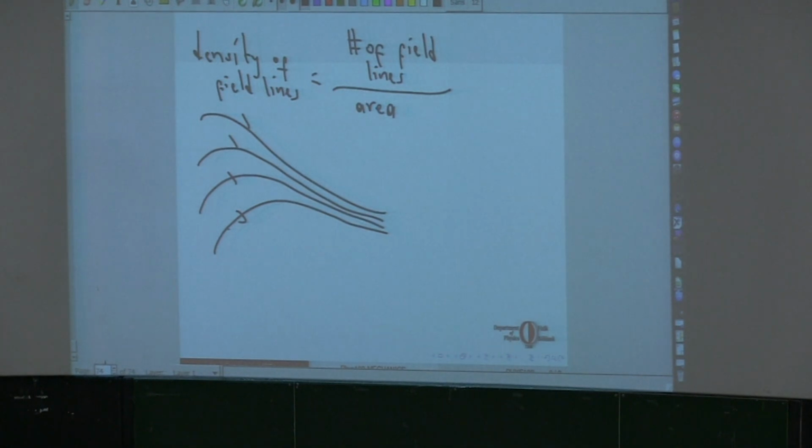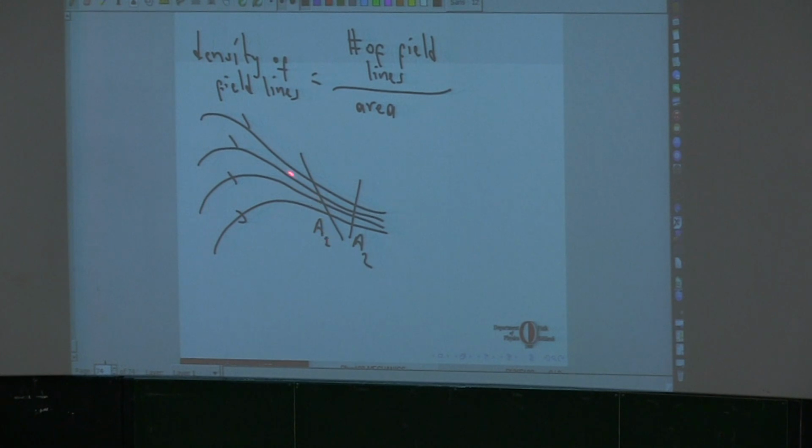Now, how do we define the density? We said it's the number of field lines passing through an area. But let's say you take such an area, and you take such an area, this is A1, this is A2. You see, A1 is the area through which the electric field lines are passing.